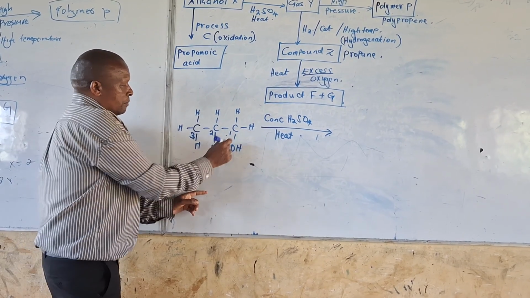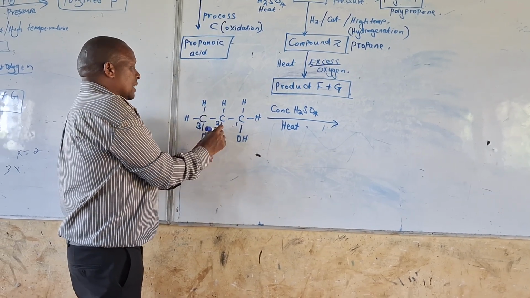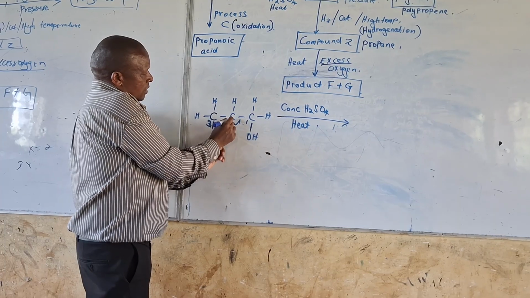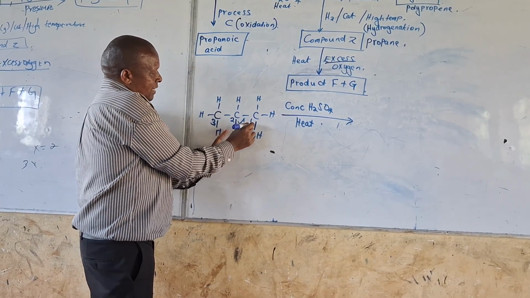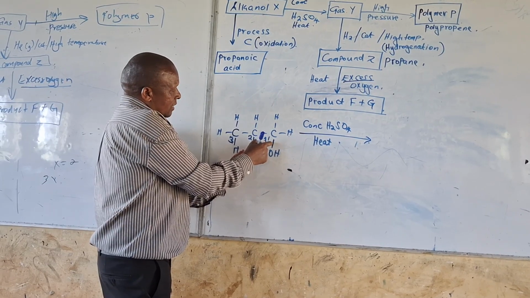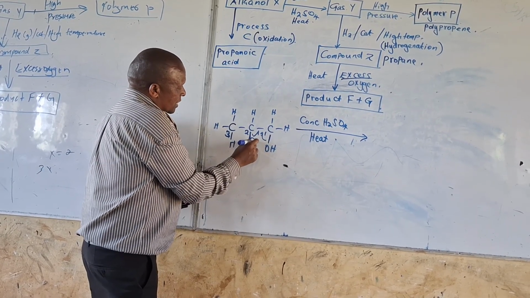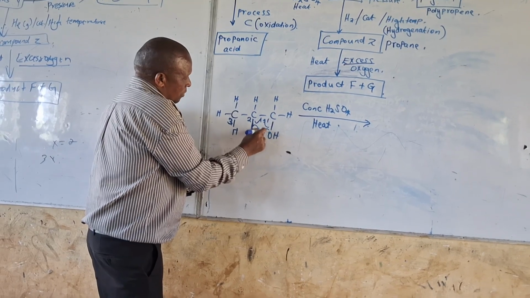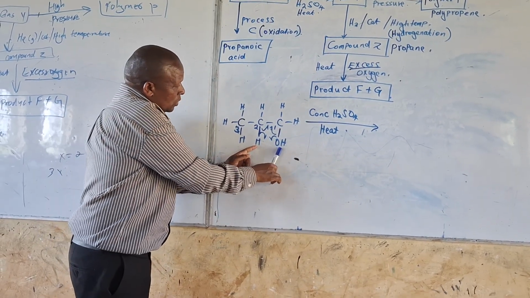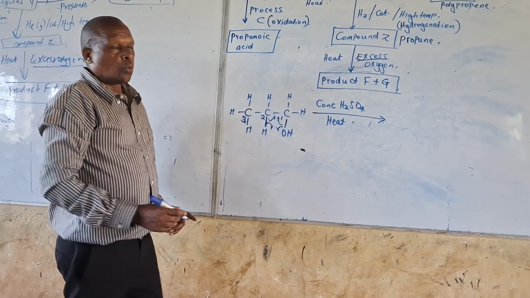One electron will move from this carbon to the middle there. This other electron will move from that carbon to the middle there. Now, when H combines with OH, what will happen? H2O. Are we together? Water will be formed.